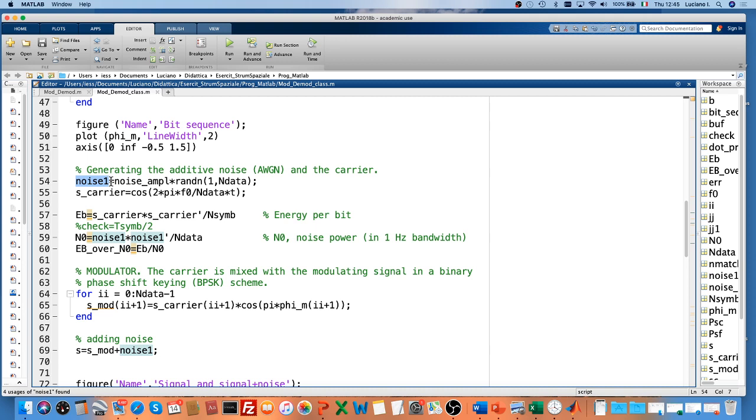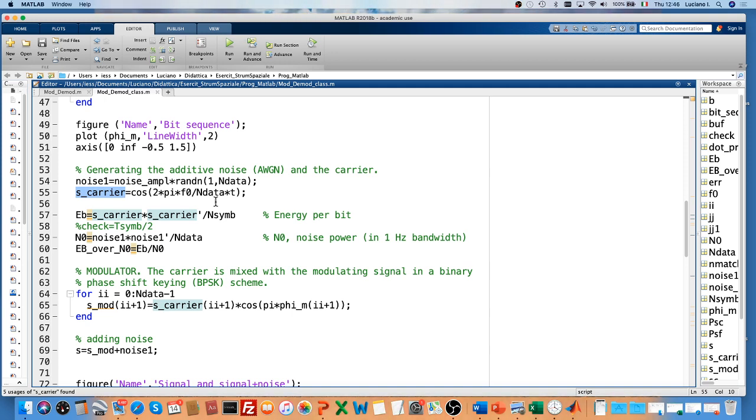Okay, so I start from this, I generate the vector of the carrier, all the samples, so this is cosine 2 pi f0 t divided by n data, because everything is normalized.